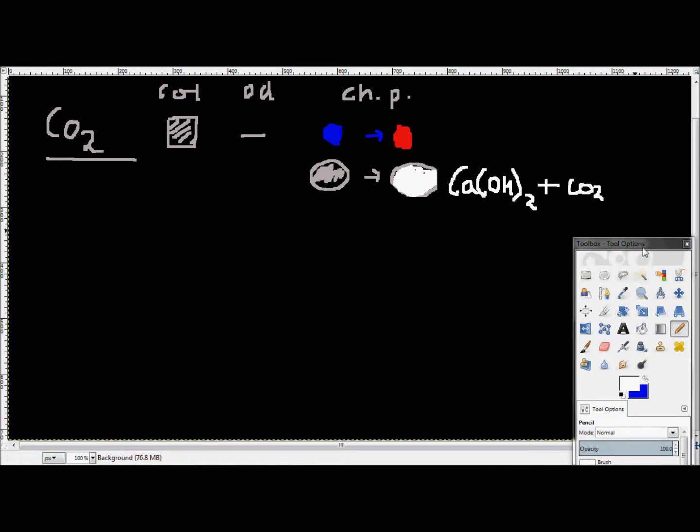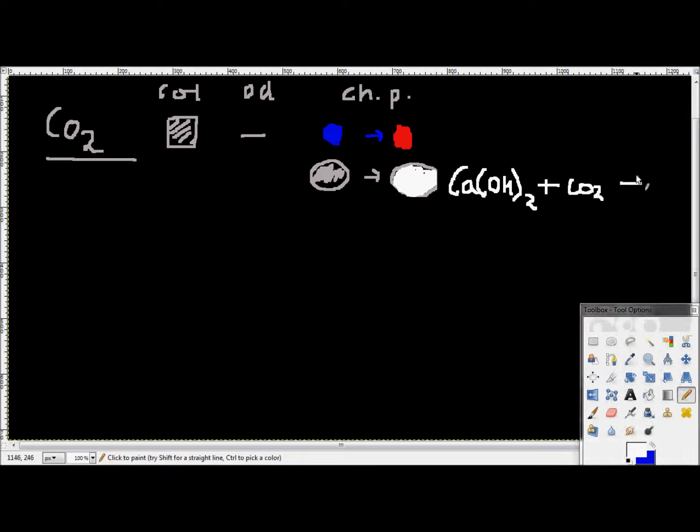What happens is that you get CaCO3, calcium carbonate, and along with this you get H2O. Sorry, I don't have space, but so this is the change that takes place. Due to the CO2, the Ca(OH)2 changes into CaCO3.